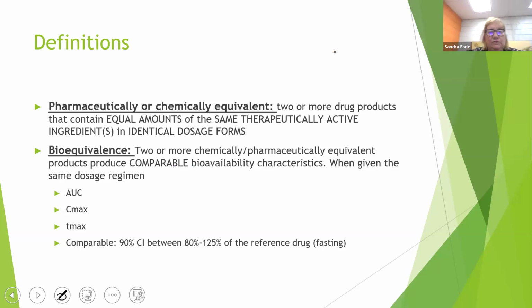It says comparable bioavailability characteristics. So they're the same drug, equal amount, same dosage form, that have comparable bioavailability when given in the same dosing regimen. The way that comparable bioavailability is measured is looking at the area under the curve, the Cmax and the Tmax.